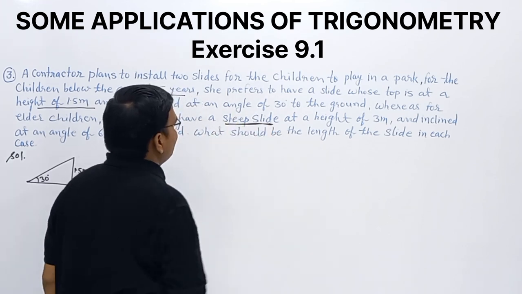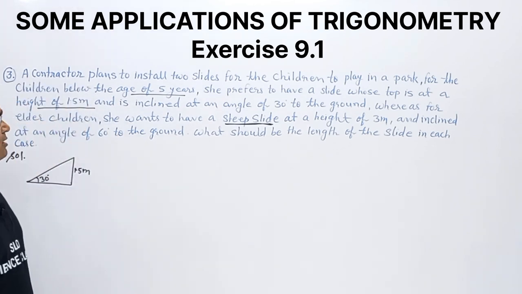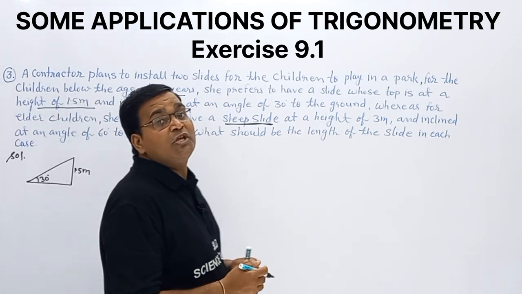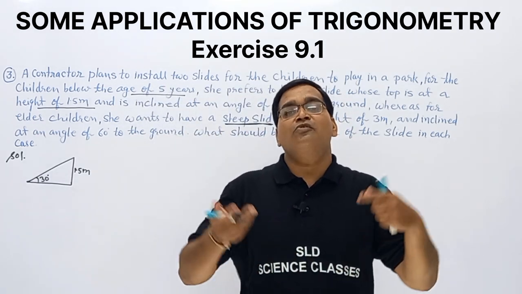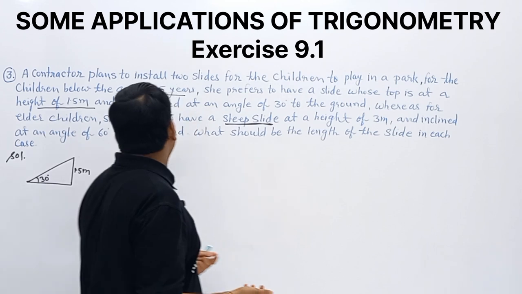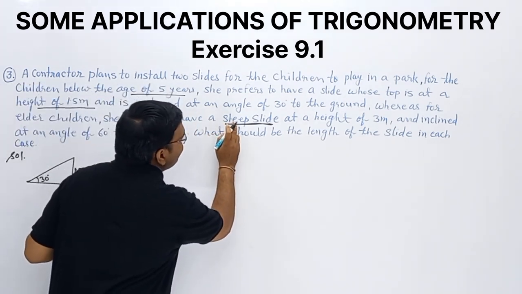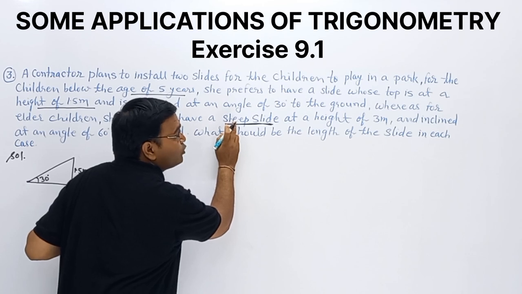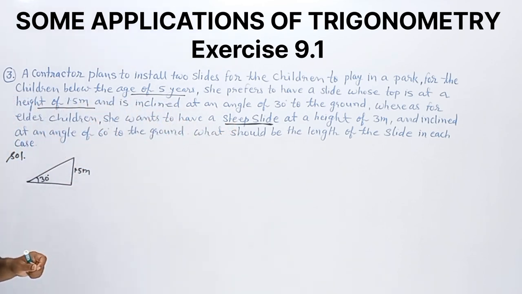Steep means inclined, approaching perpendicular. It means more inclined, having more slope, with the angle approaching perpendicular, near to 90 degree. This is a steep slide.